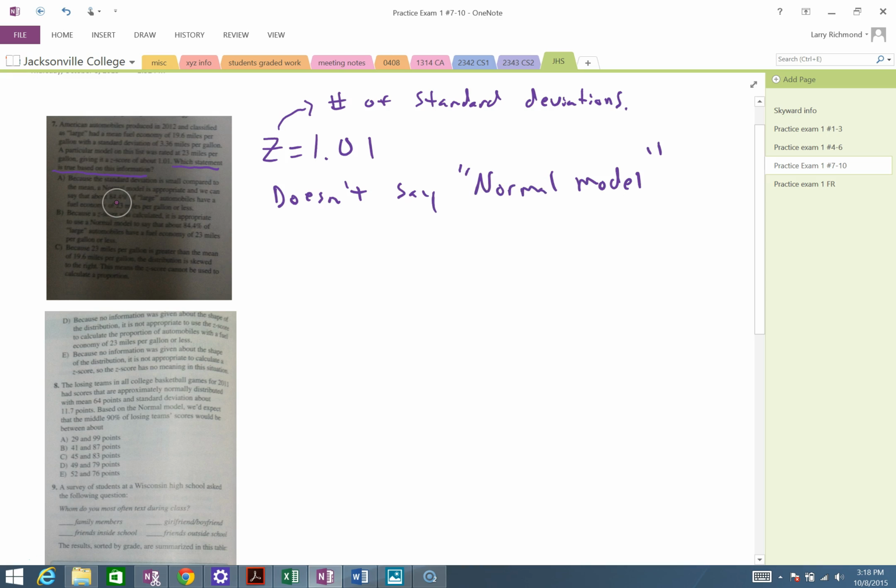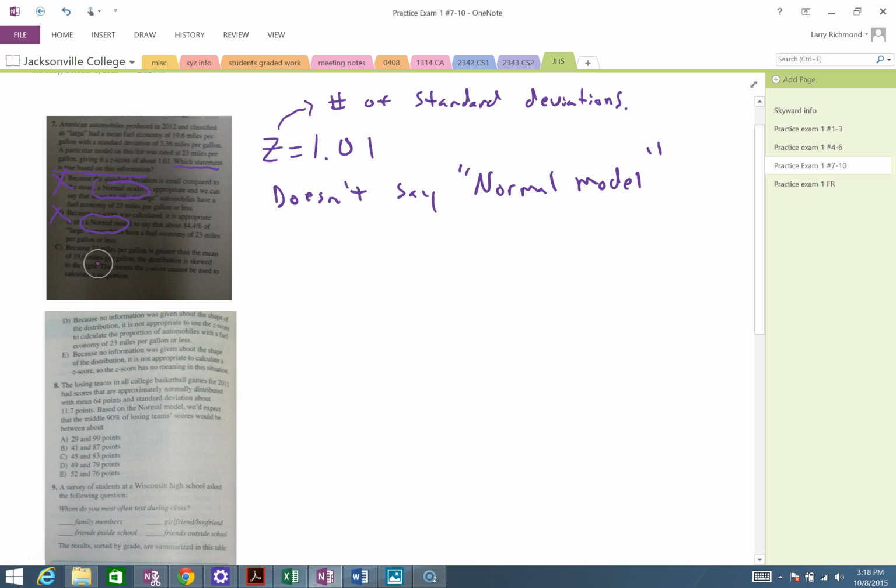A says, because the standard deviation is small compared to the mean, a normal model is appropriate. No, it doesn't say anything about normal model. B, again, it says normal model in B. Normal model was never mentioned in this problem. C, because 23 miles per gallon is greater than the mean, the distribution is skewed right.